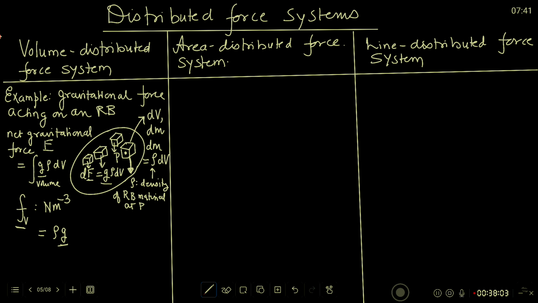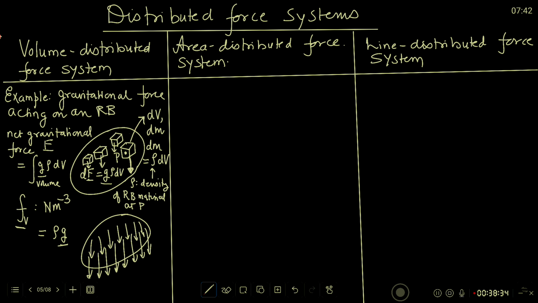We would like to find the equivalent force system arising because of this distributed force system. So if one has to visualize this force, this is the force system that is acting on this RB, the gravitational force system. It's like this actually. Every location you go, there is an arrow showing a small force acting there.